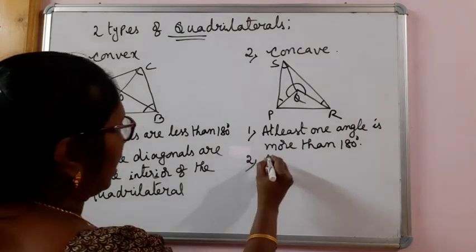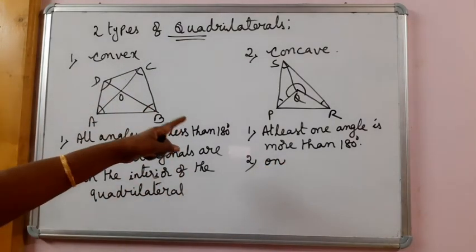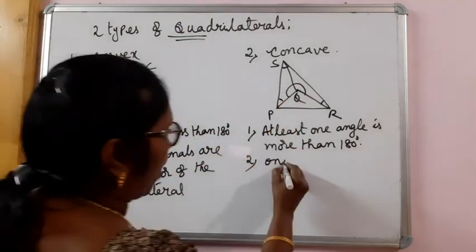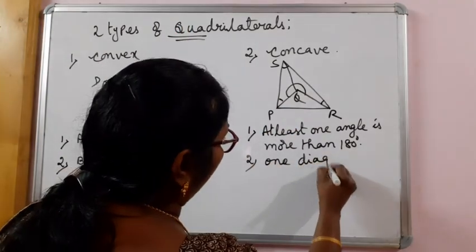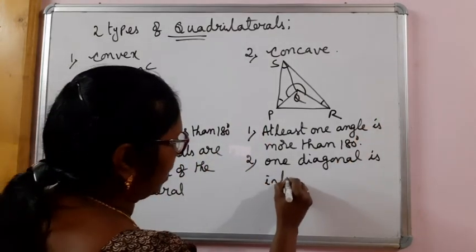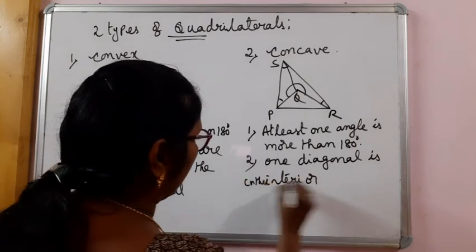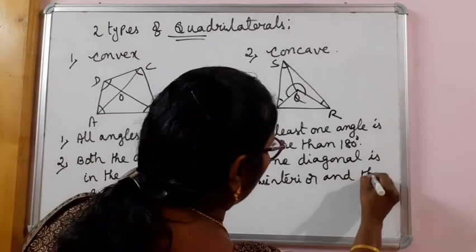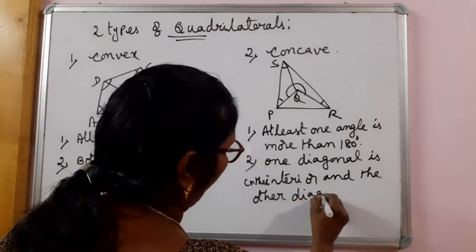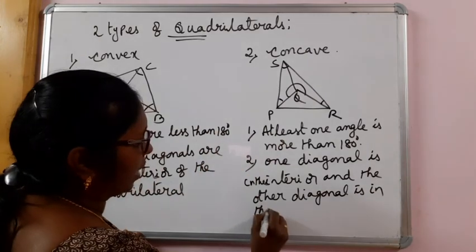Whereas in a concave quadrilateral, at least one diagonal is exterior. Actually, in concave there are only two diagonals, so one diagonal is in the interior and the other diagonal is in the exterior of the quadrilateral.